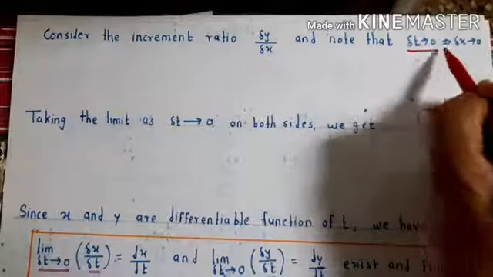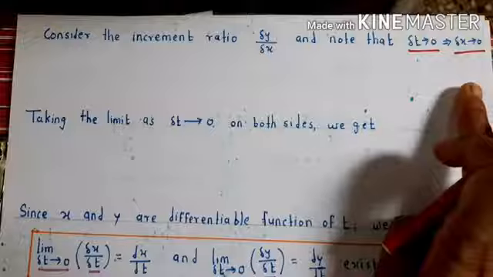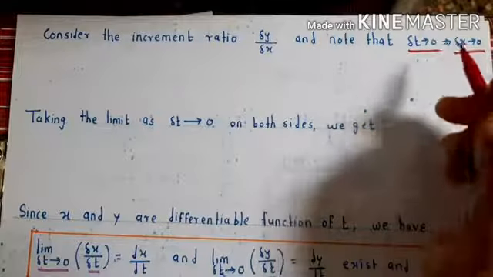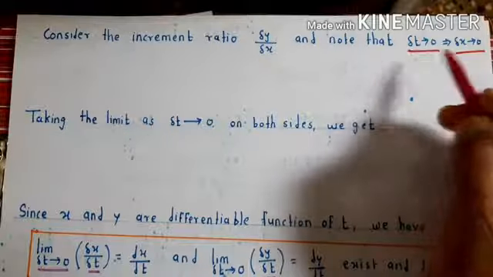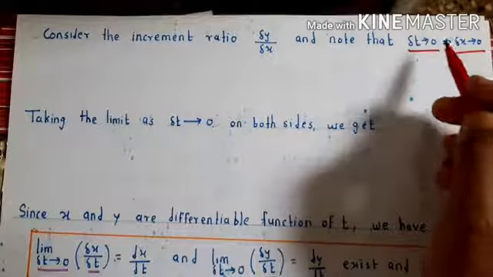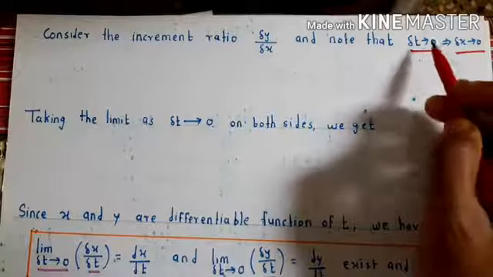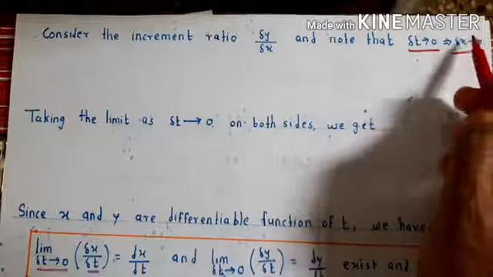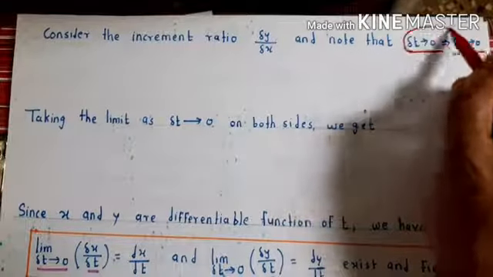Note this step. Why? Because x is a differentiable function of t, therefore delta x depends upon delta t, and therefore as delta t tends to 0, delta x also tends to 0. Remember this step.